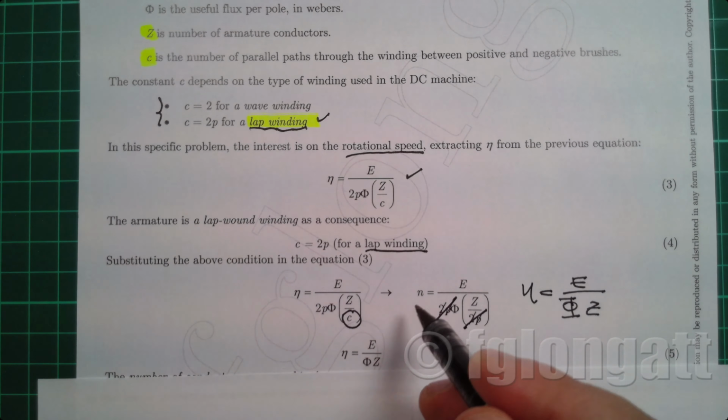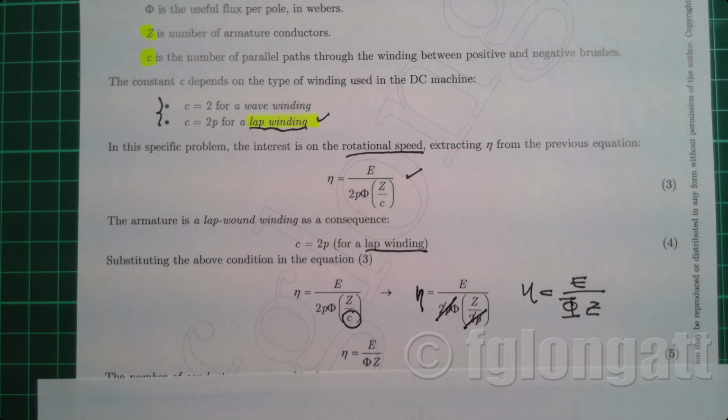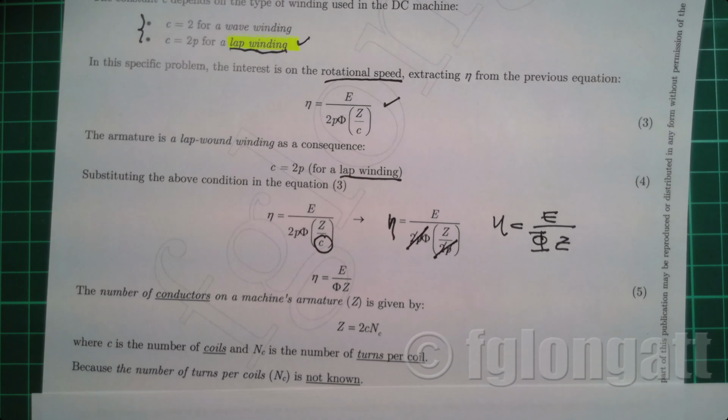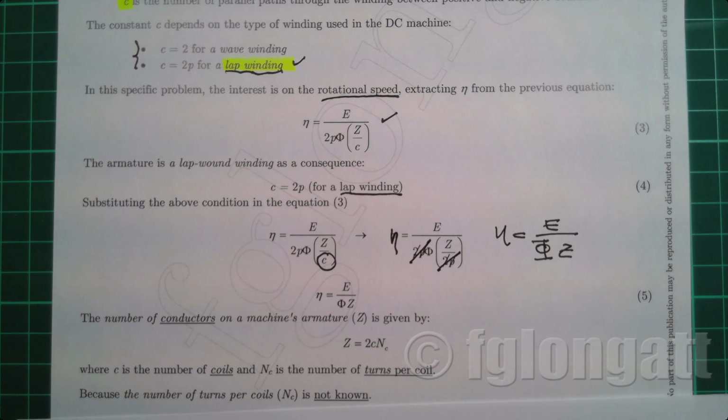It tells you that the rotational speed depends on the induced voltage and is inversely proportional to the flux per pole and Z, the total number of conductors located at the armature.